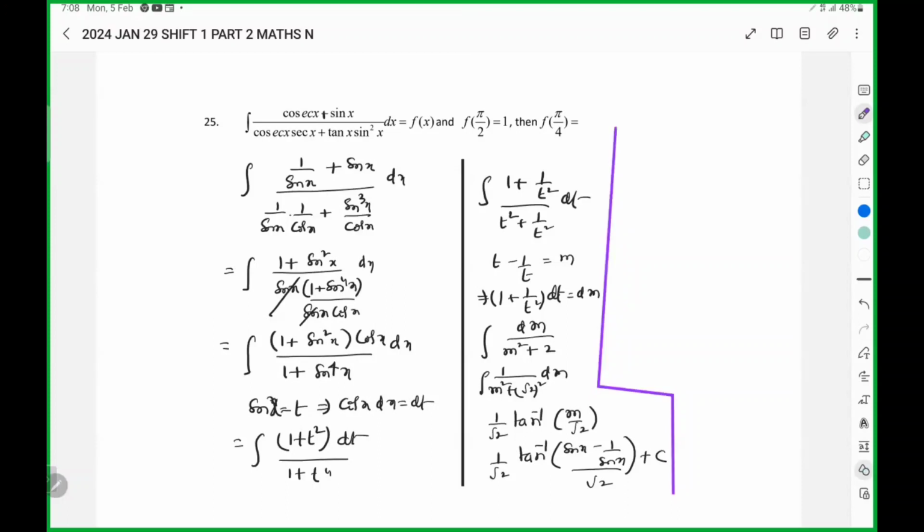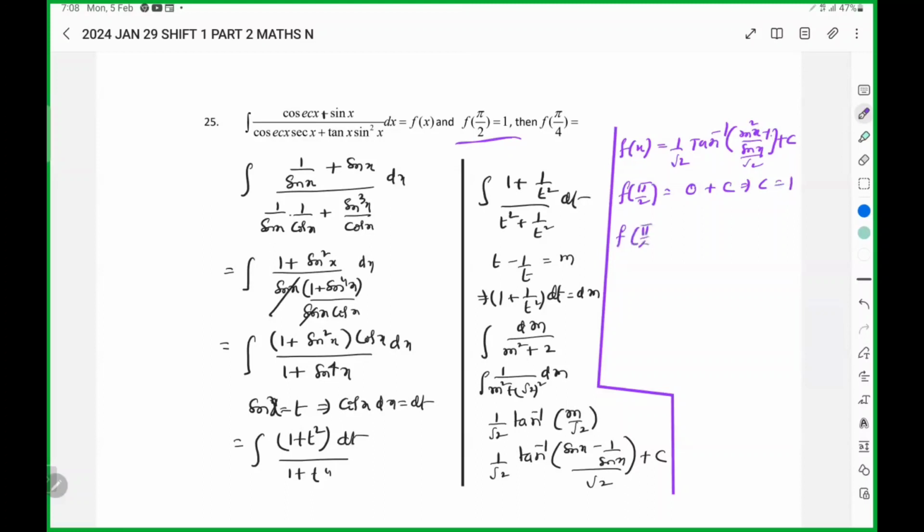So here f of x will be 1 by 2 root 2 tan inverse of (sin square x minus 1) by sin x by root 2, plus c. We are given f of pi by 2 as 1. Substituting sin as 1, c becomes 1.